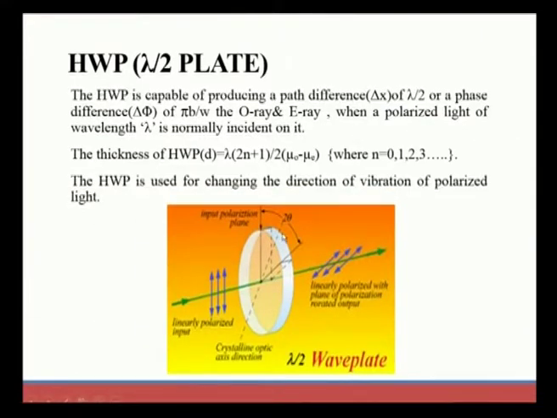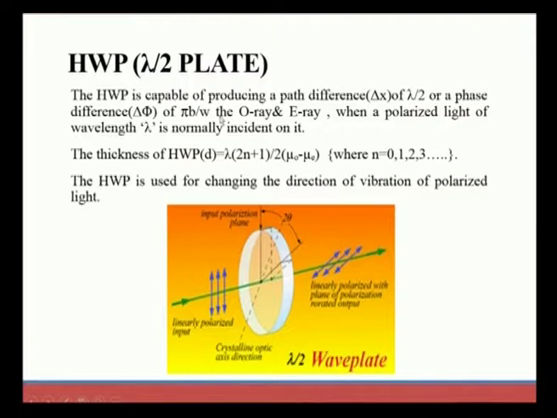The next type of phase retardation plate is the half wave plate. It is called a half wave plate because it is capable of producing a path difference of lambda by 2, or a phase difference of pi.